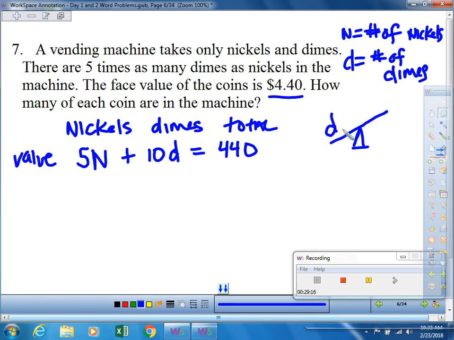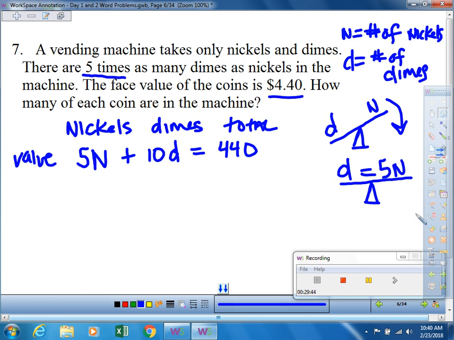So there's more dimes than nickels. So how do you make them equal? I want the nickels to be brought down, so I have to put something over here to bring it down. What does this say? 5 times. So this is 5n.